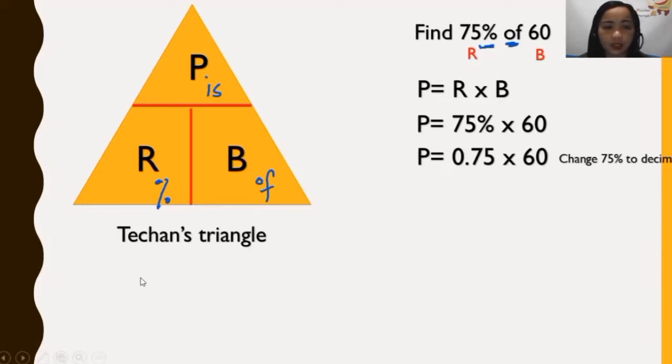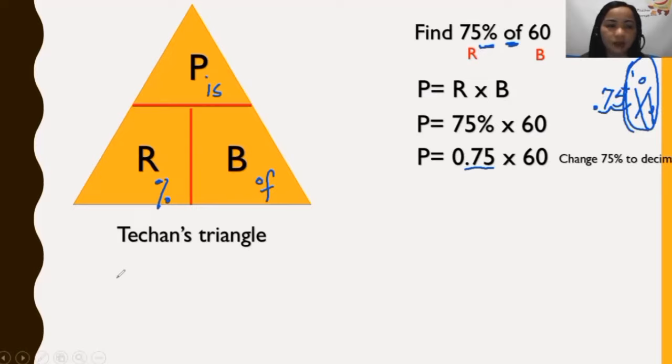Like in our warm-up activity, earlier we moved 2 places from left to right to make it percent; here, we move 2 places from right to left, 1, 2. So that will become 0.75. I removed the percent symbol.